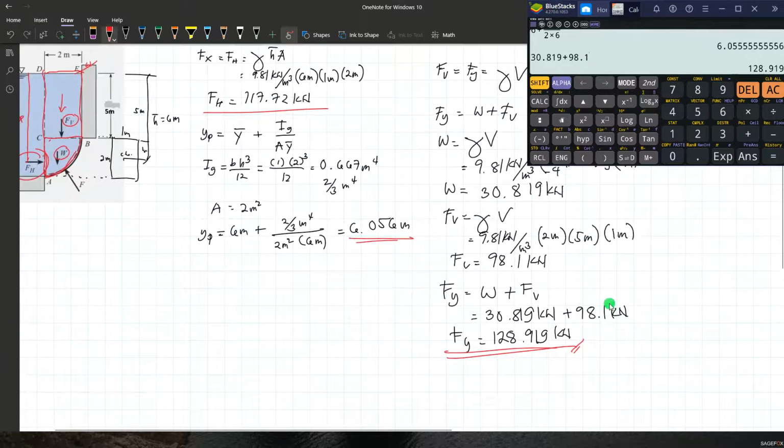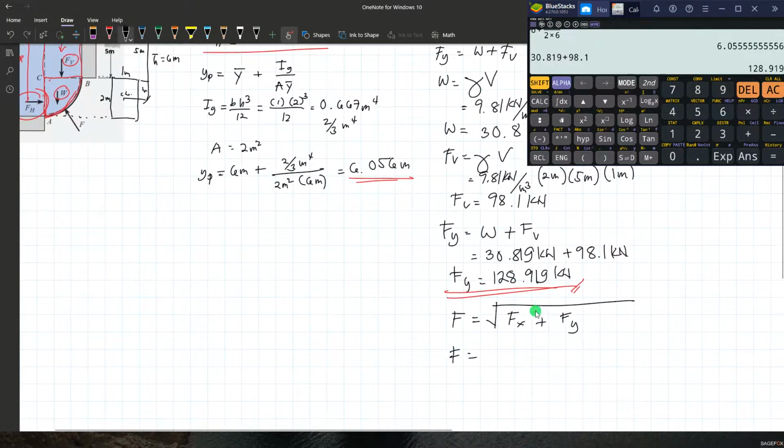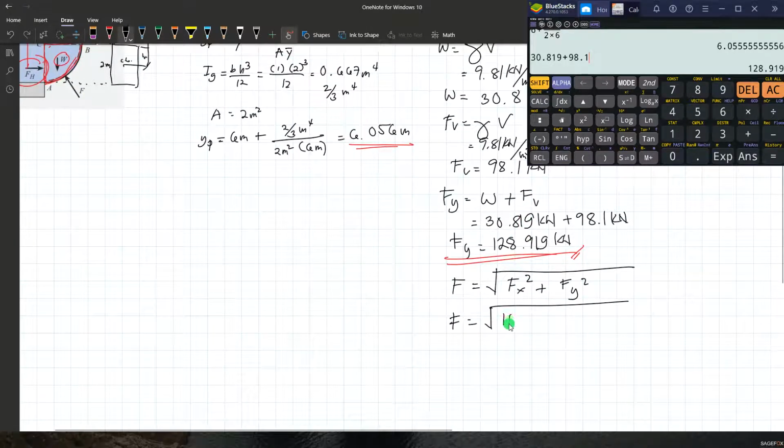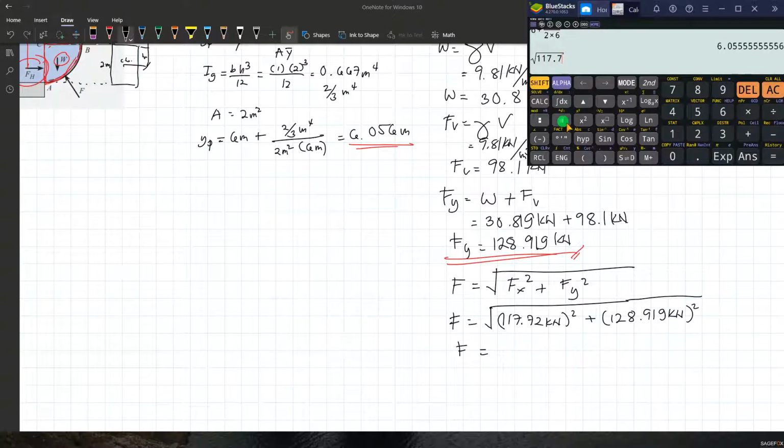For the resultant force, that is equal to the square root of Fx squared plus Fy squared. So the square root of the horizontal force 117.72 kilonewtons, raised to 2, plus Fy, 128.919 kilonewtons squared. So the square root of 117.72 squared plus 128.919 squared is 174.58 kilonewtons.